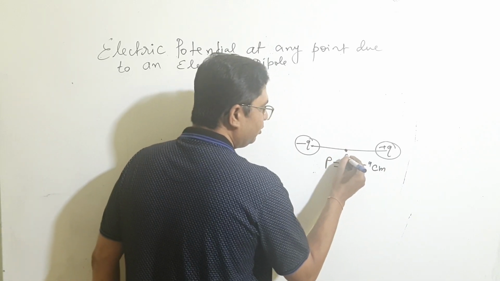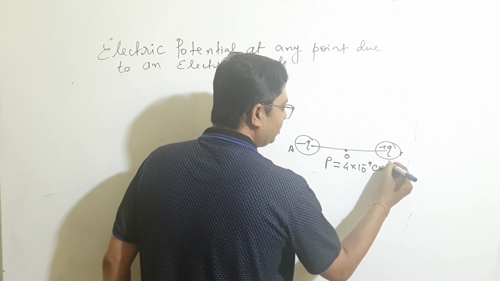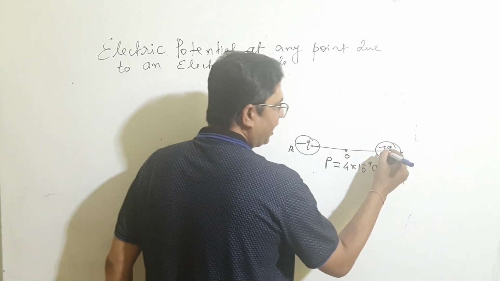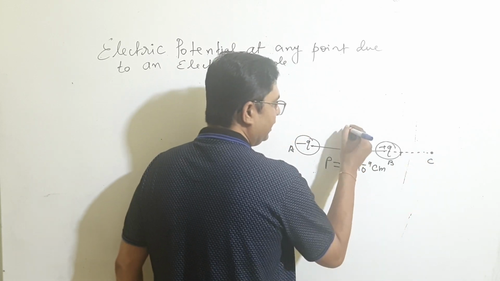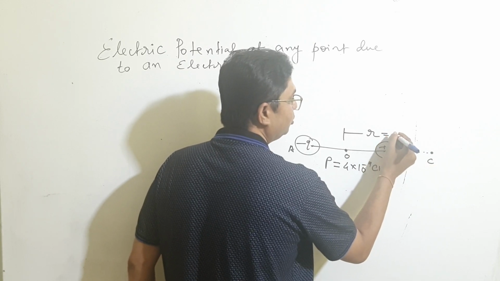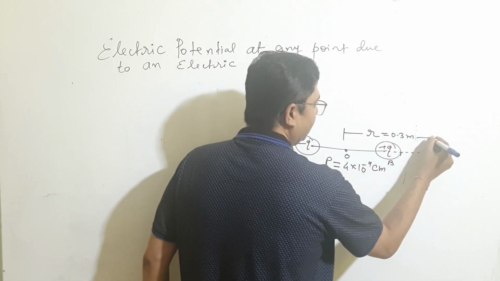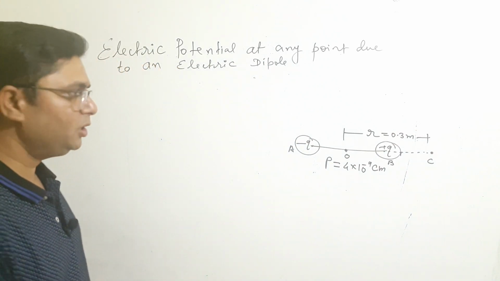This is origin O, this will be A and this is B. The question is, we have to take an axial point here. This is C. Let the distance from O to C be R, which is equal to 0.3 meter. Then in this situation, what will be the value of electric potential?